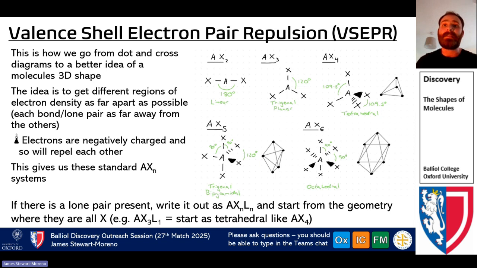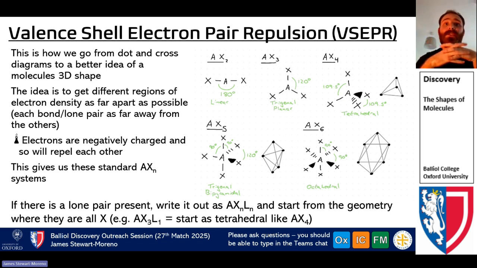In terms of what that means for its shape, we treat it as a tetrahedral structure. So an AX4, because you've got the 3 bonds and the 1 lone pair, so 3 plus 1 makes 4. And then you start to distort that geometry from there.